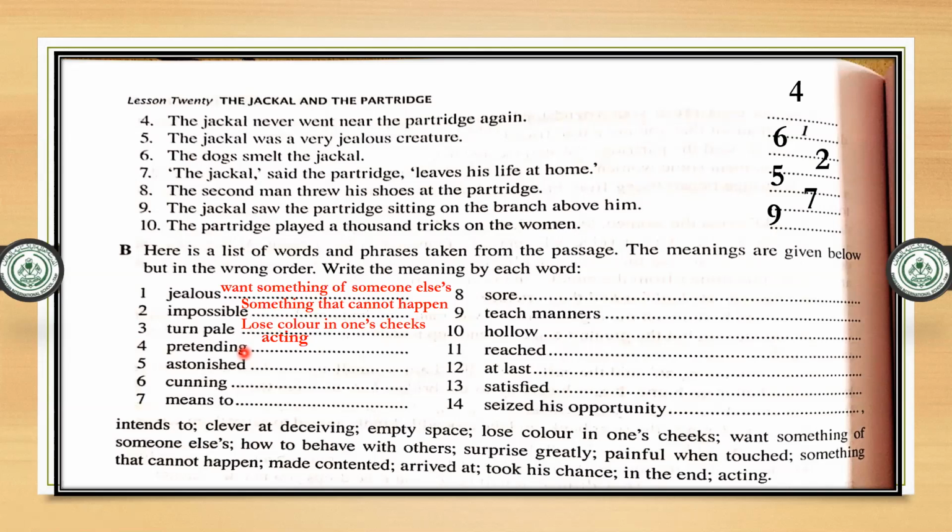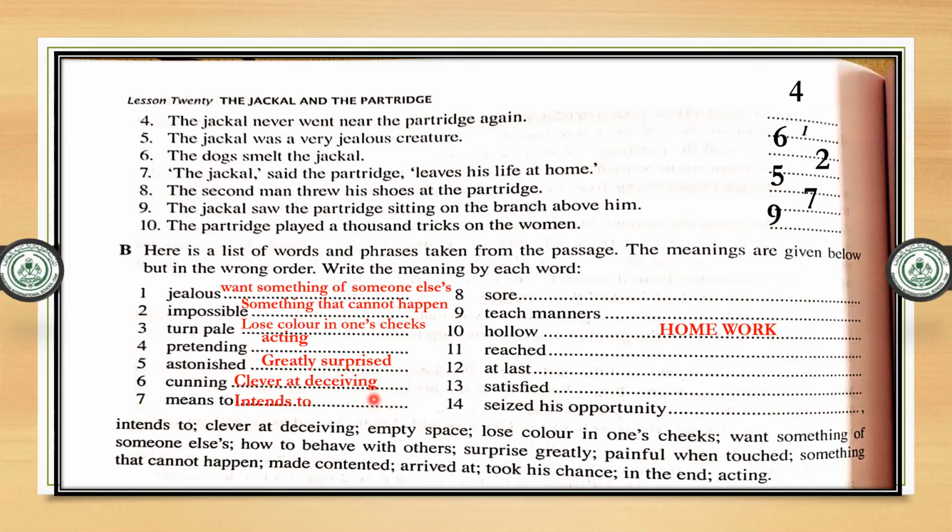It means he's pretending. Then number 5, astonished, means greatly surprised. Someone becomes very much surprised. It is astonished. Number 6, cunning means clever at deceiving. Clever at deceiving. Number 7, intends to.